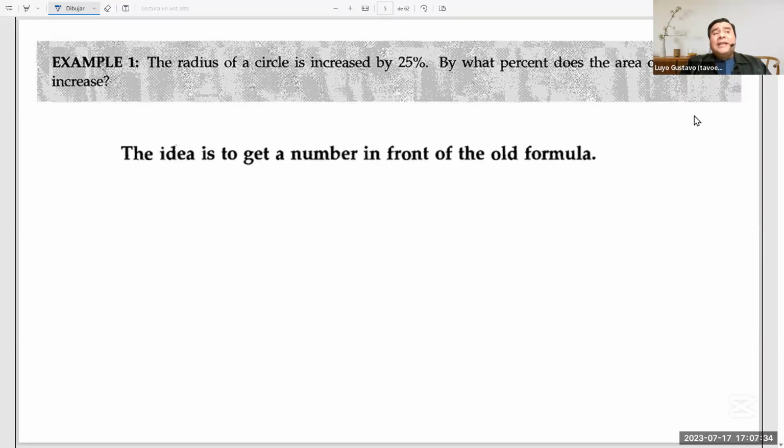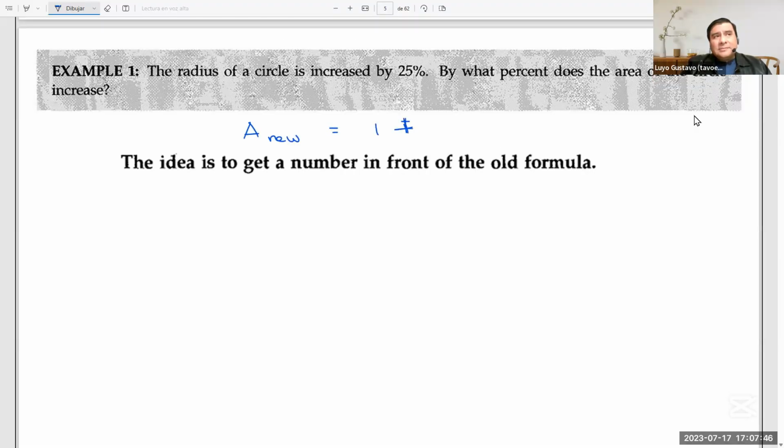The idea is to get a number right in front of the old formula, something like this: the new area of the circle equals 1 plus x% multiplied by the old area of the circle.